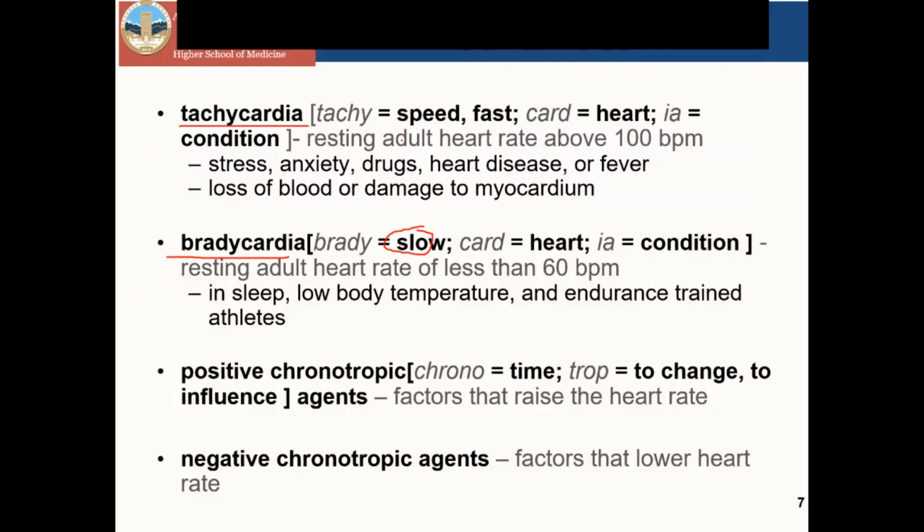Tachycardia means when our resting adult heart rate is about 100 beats per minute. It's important that we talk about a resting adult, okay? Because physiologically, if you do some exercise, your heart beating will increase because it's a physiological condition, it's normal, but it's not tachycardia. Tachycardia is resting adult heart rate increasing.